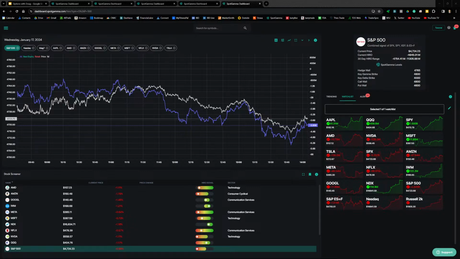So this HERO signal is showing a combined signal of options trades and market maker hedging activity for SPX, SPY, XSP, and ES futures. That's all in one combined signal, combining options trades and market maker hedging activity in all those instruments.